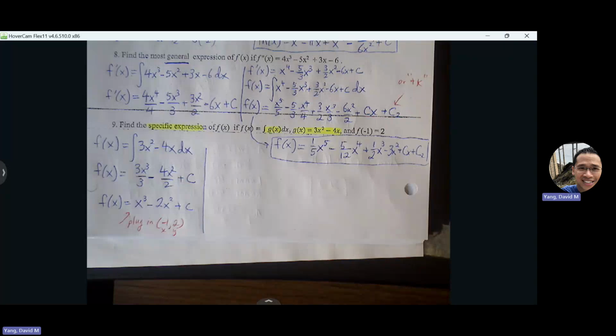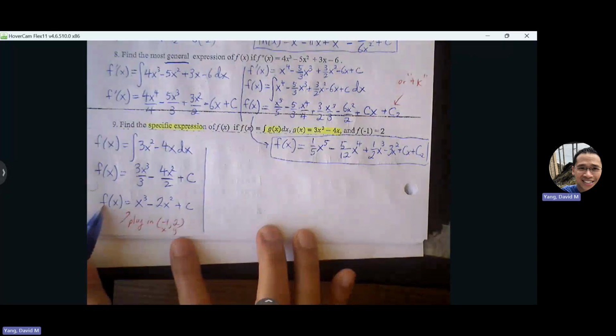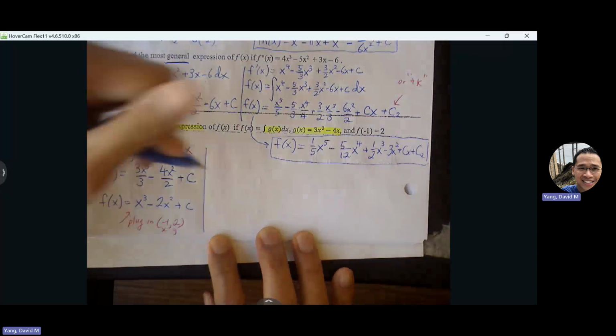So -1 goes in for x, 2 goes in for y, or f of x, and then we solve for c.